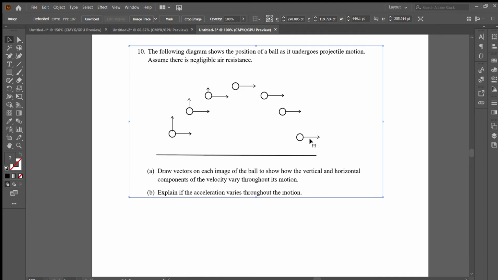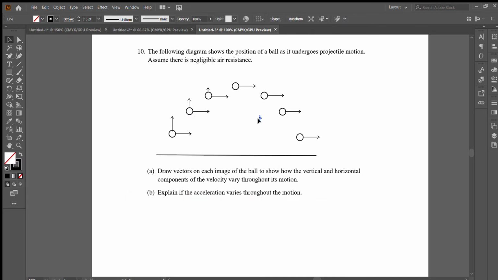Then as the ball falls, the vertical velocity vector will increase, but it'll be going downwards. So we can take this one here and we'll change the direction like this.